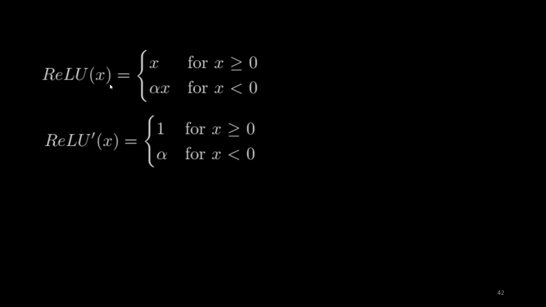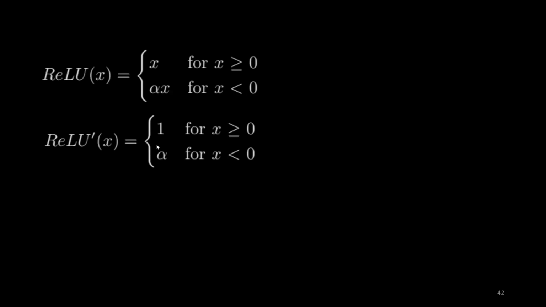This is the leaky ReLU function. It is x for x greater than 0, and it returns alpha x if x is less than 0. If we see the derivative, it is 1 for any value of x greater than or equal to 0, but it is non-zero even for the value of x which is less than 0. That is, its value is alpha, which is approximately equal to 0.01.